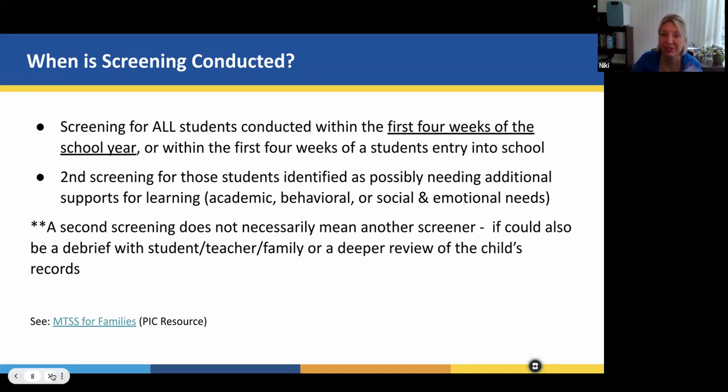So the first screener casts a wide net of students, or it's supposed to. And then the second layer of screening is supposed to look a little bit more deeply at what exactly is going on, looking more deeply at the student's history. It could mean an additional screener that is more intensive than the initial wide net that they cast. But again, this is very flexible and is really just designed to be prevention oriented.